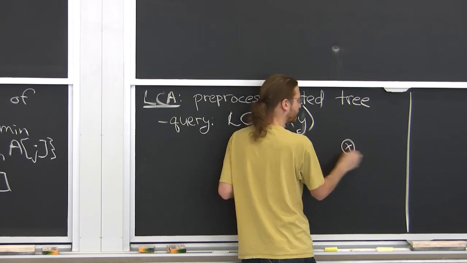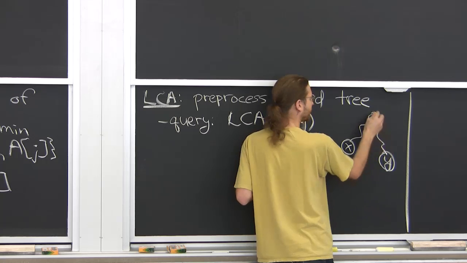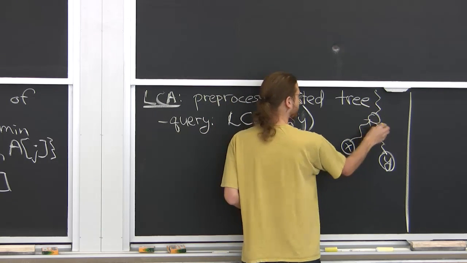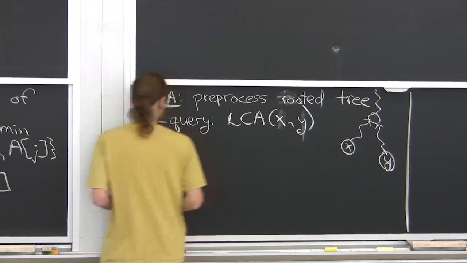So it has two nodes, x and y, in the tree. I want to find their lowest common ancestor, which looks something like that. At some point they have shared ancestors, and we want to find that lowest one.